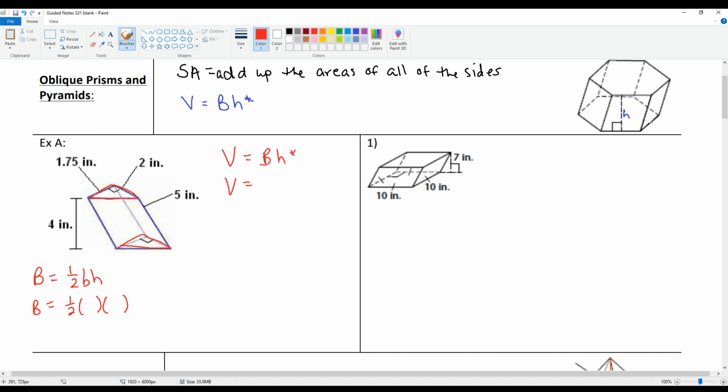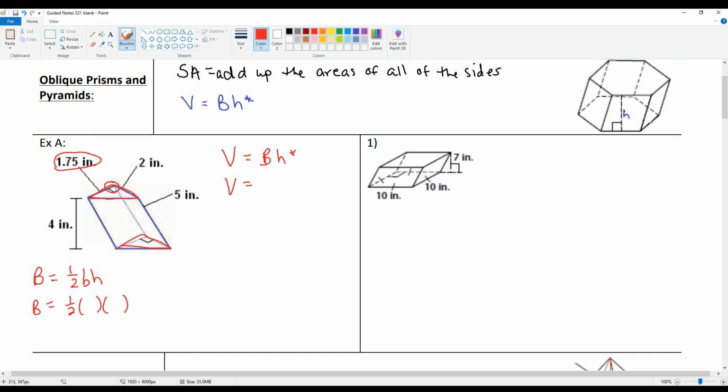Remember, base and height of a triangle have to meet at a right angle. The base has to be one of the sides of the triangle, and the height can be one of the sides of the triangle, but it doesn't have to be. But what it does have to do is meet that base at a right angle. So if I look right here, I can find that right angle on the triangle. And the base could be this 1.75 inches.